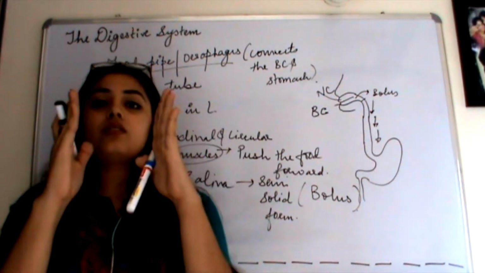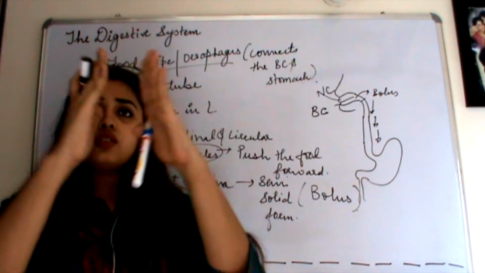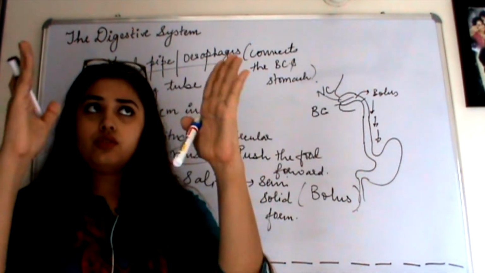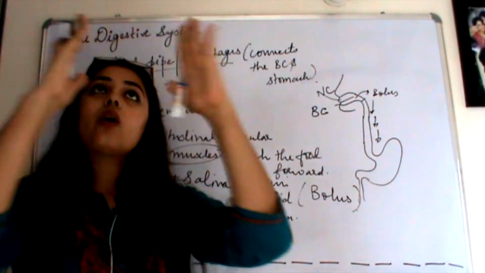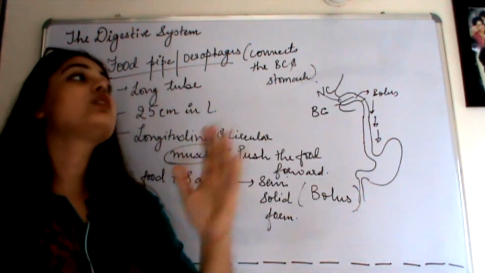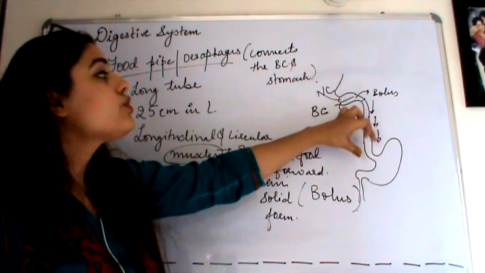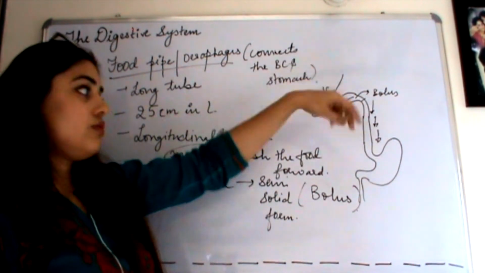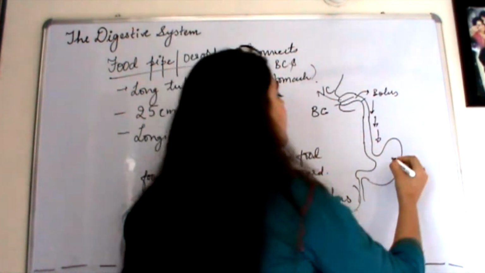For example, imagine this is our esophagus. There is contraction and relaxation, contraction, relaxation, contraction, relaxation. This is how the muscles move in the esophagus, and due to this movement, the food which is present in the buccal cavity is now being pushed into the esophagus, and now the food enters the stomach.